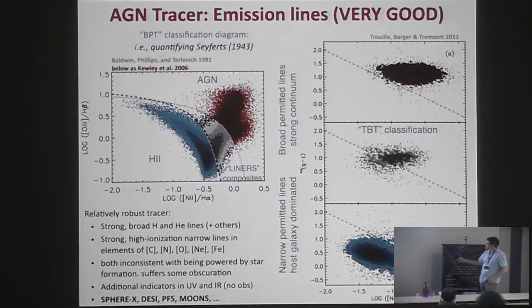And so you can use this ratio along with a color to select AGN. And so this was known as the TBT classification for the lead authors there. But you can play these games where essentially what you're doing is trying to find unique lines which are relatively bright, which tell you about how the UV ionization field looks, and if there's an active galactic nuclei there or not. That's the main point. So you can use these tracers up to higher redshifts with the optical spectrum.